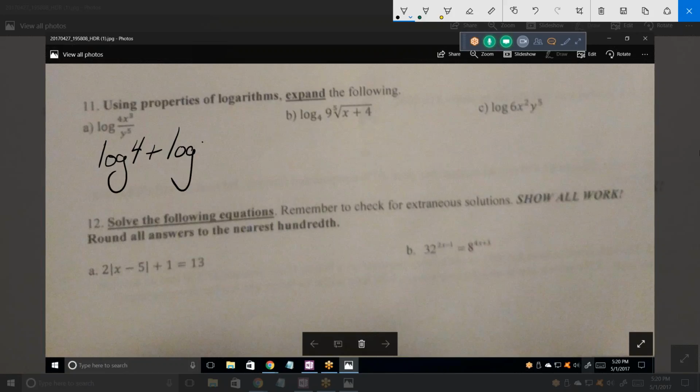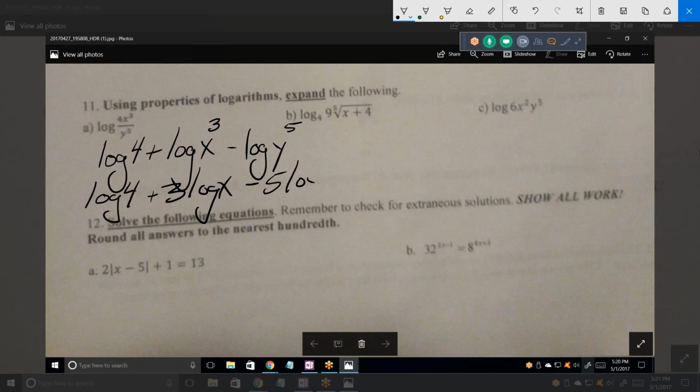Now do the next step below that. That's log of 4. What's this middle term become? 3 log of x, minus 5 log of y.